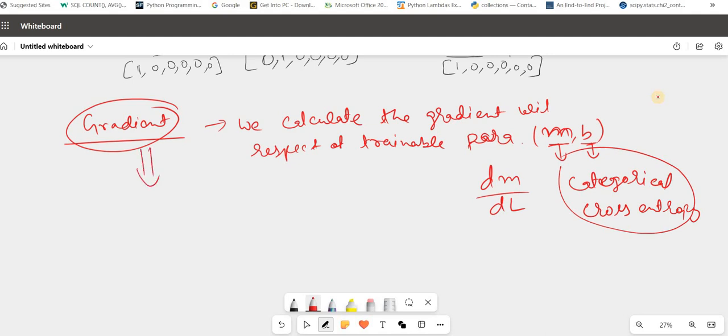One other way to think is that gradient actually measures for a particular parameter. The loss function is the categorical cross entropy.